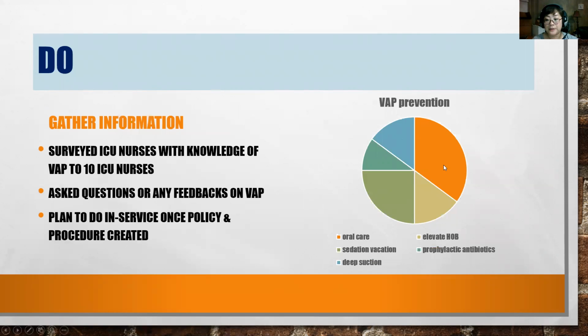According to this, elevated head of bed and oral care were the highest. They believe these will prevent VAP. The lowest were deep suctioning and prophylactic antibiotics.